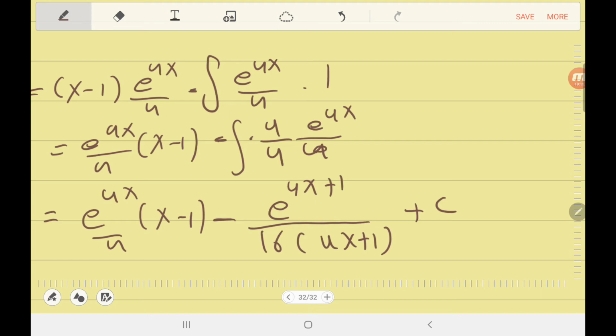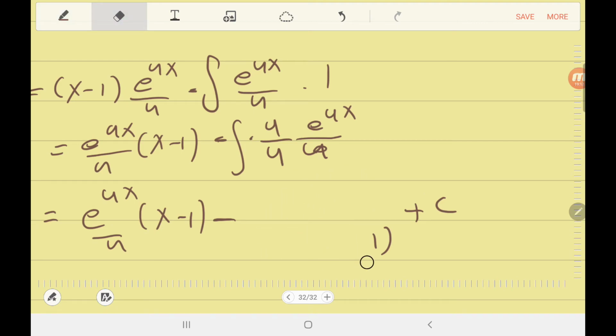Yeah, I made a mistake here, because I cannot remember the rule. One second. So it is only this part.